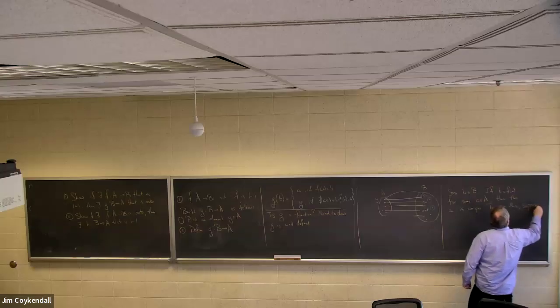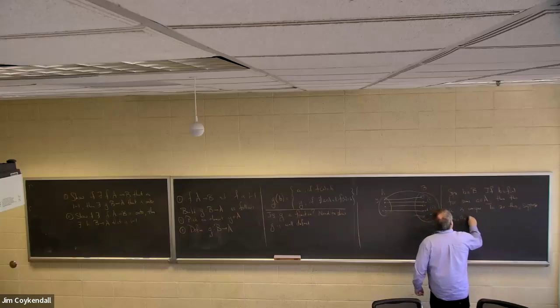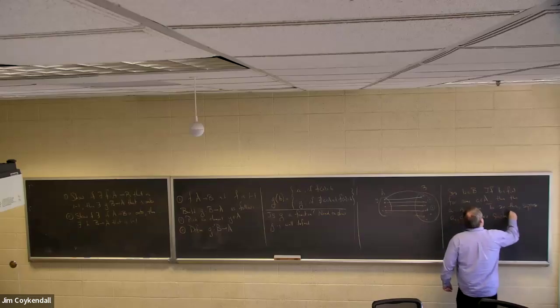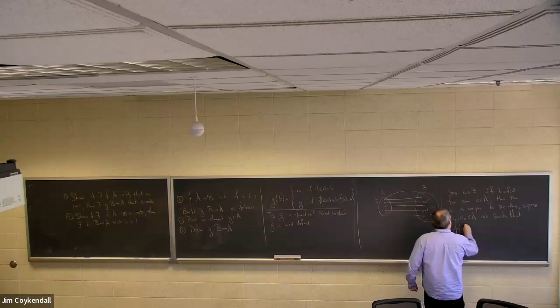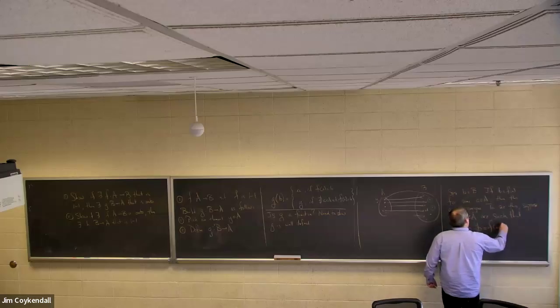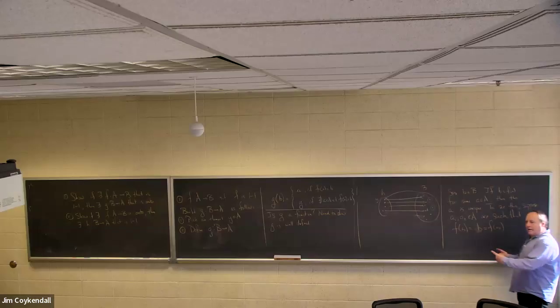Suppose A1 and A2 are such that F of A1 equals B, suppose both A1 and A2 go to B. Well, what do we know about F?